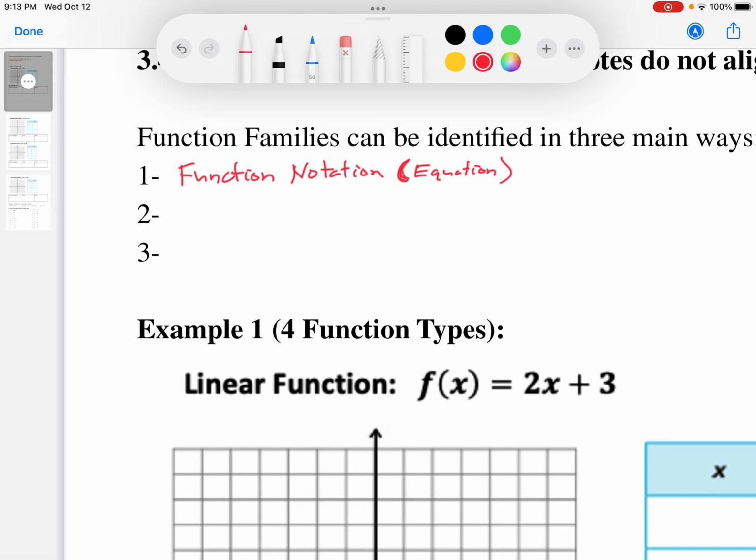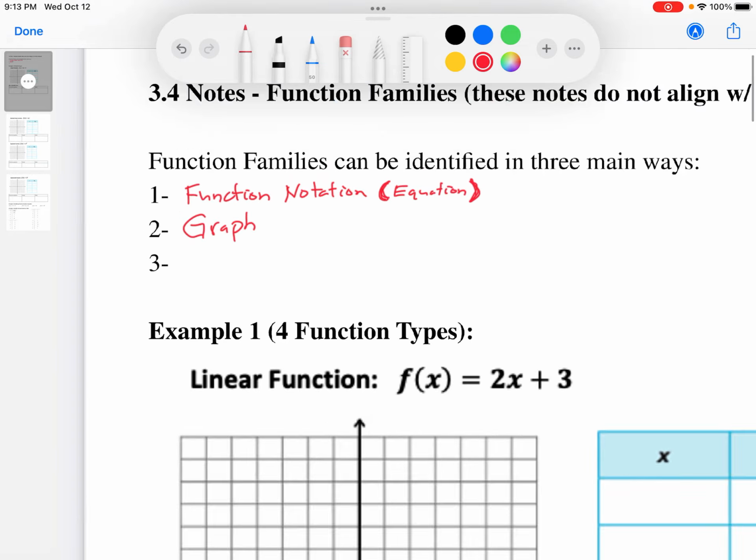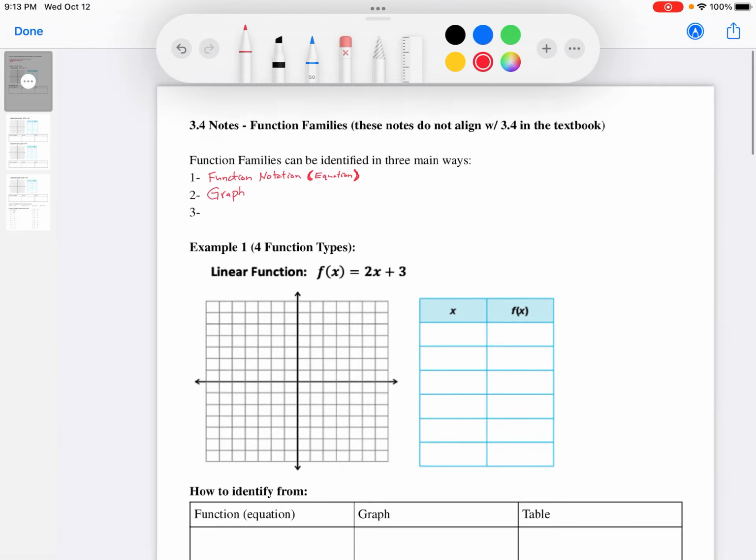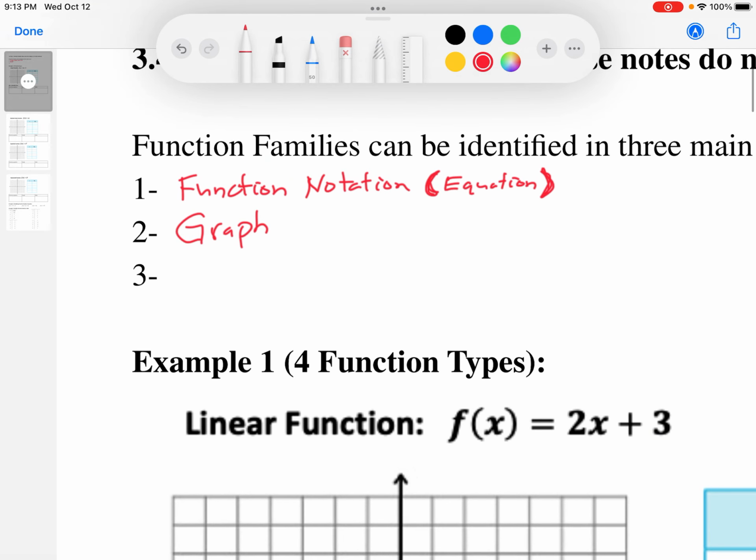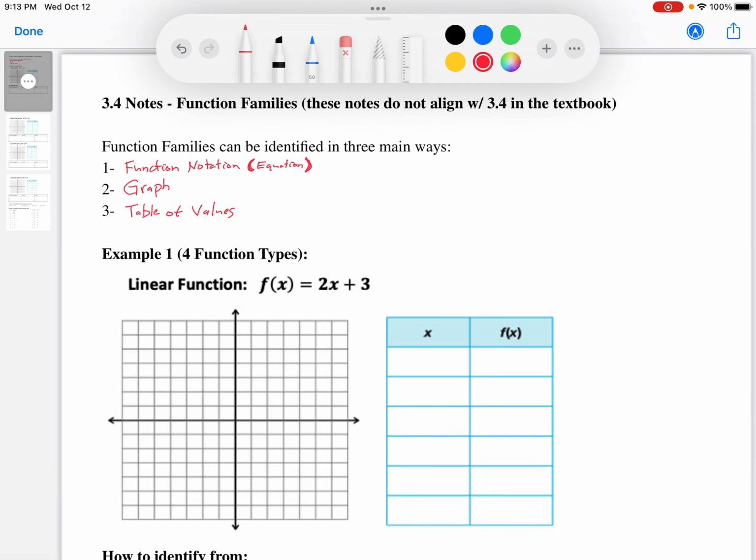So that's one way that you can tell what kind of function family a particular function is in. The second way that you can tell what kind of function family a function belongs to is by looking at the graph, the graphical representation of the function on the coordinate plane. And then the third way is by looking at a table of values that represents the function.